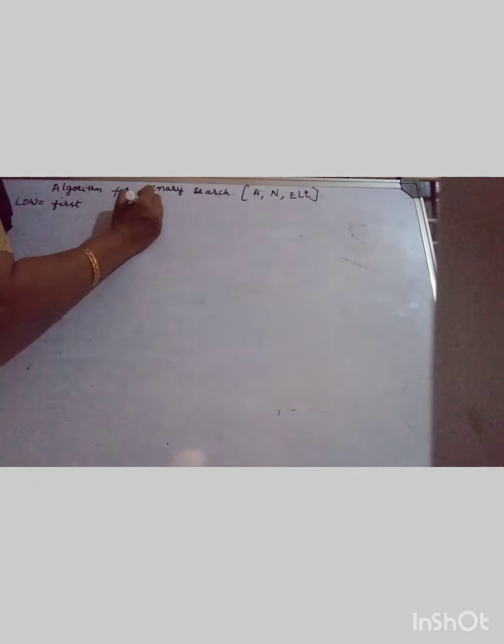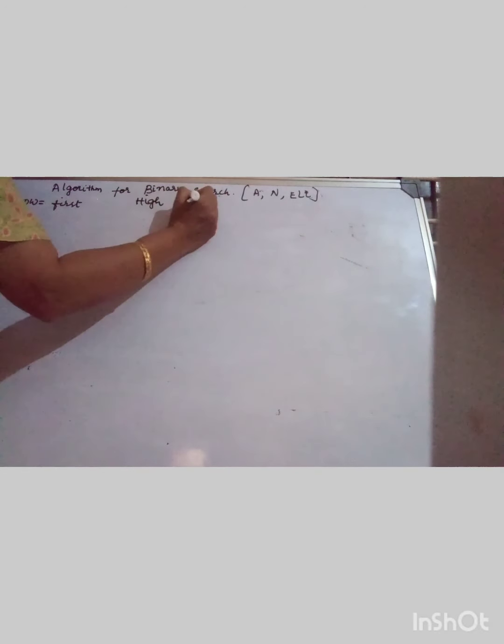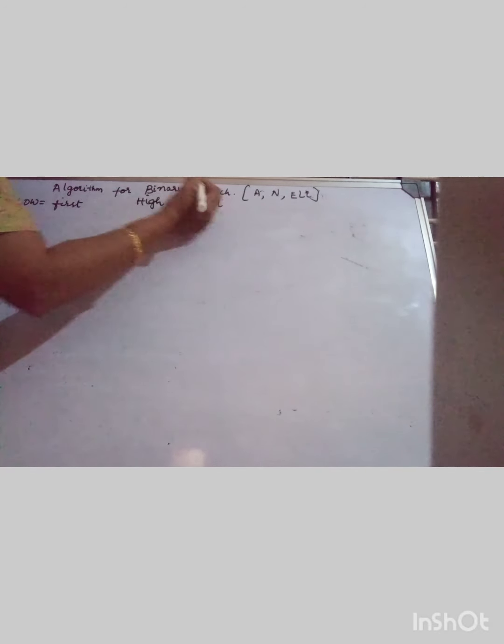Low represents the 0, A of 0 element. High represents the last position, and mid represents the middle position in the array. Middle means half.